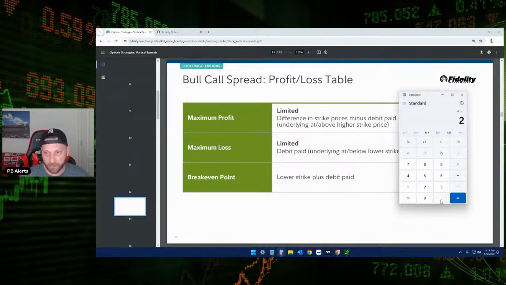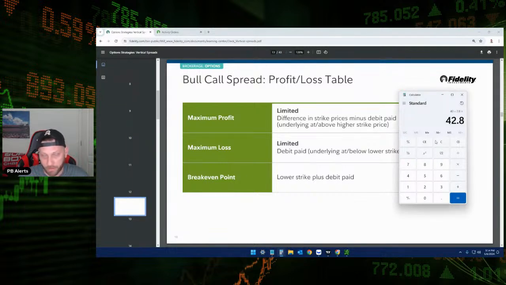Add the debit that you paid for it. So as long as XYZ stock is at 42.80 by expiration, you technically broke even on the trade. Obviously, on a call debit spread, we would want XYZ stock trading at 41 to really go up high. This is your break even at expiration.